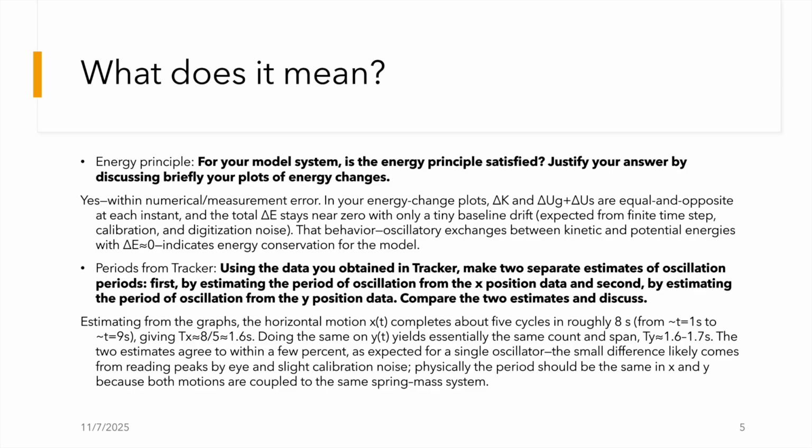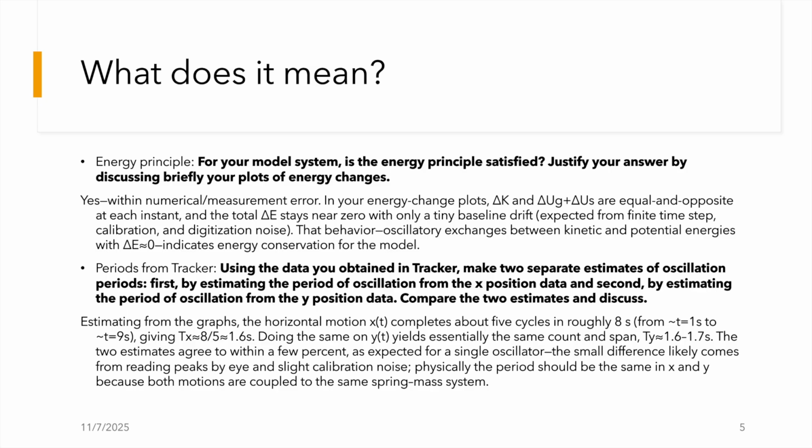Estimating from the graphs, the horizontal motion in the x direction completes about 5 cycles in roughly 8 seconds, from t equals 1 second to t equals 9 seconds, giving Tx = 8/5 = 1.6 seconds. Doing the same for y yields essentially the same count and span.